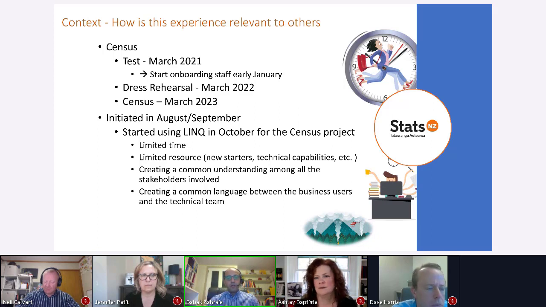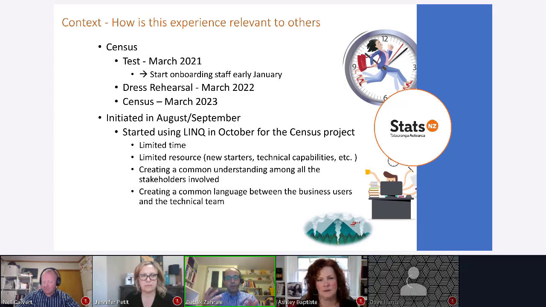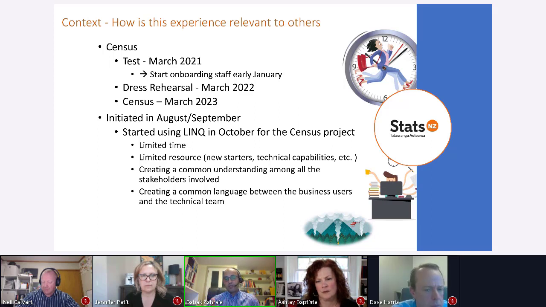So we started the project in August, September last year, 2022, when the conversation about the 2023 census picked up. It is important to mention that the unsuccessful experience from 2018, particularly in the onboarding of forwarding space, highlighted the need for this conversation to address the onboarding of forwarding solution as a critical piece of work for the delivery of a successful census.